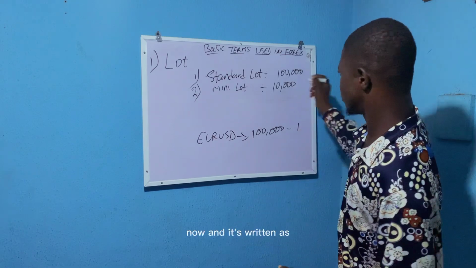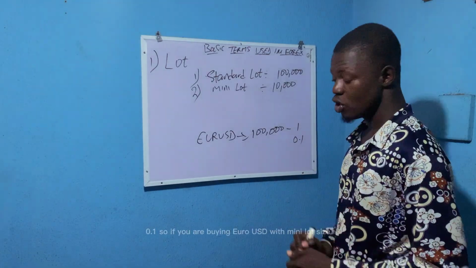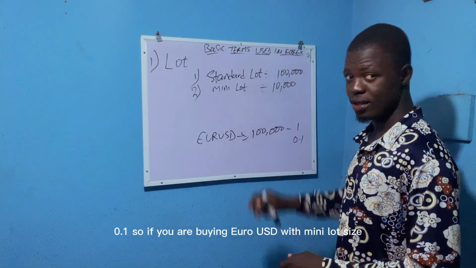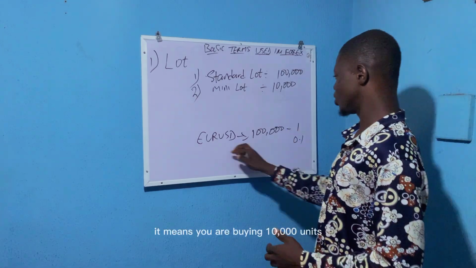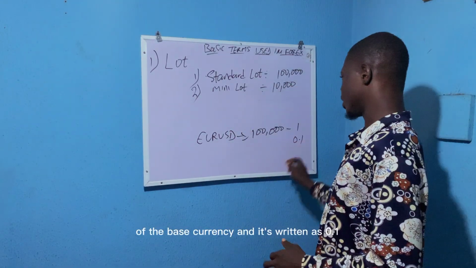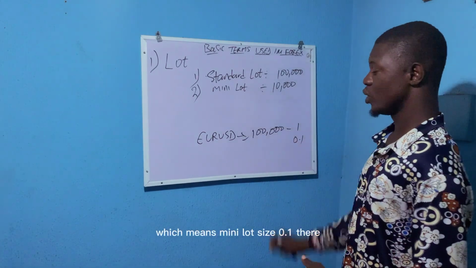It's written as 0.1. So if you are buying Euro USD with mini lot size, it means you are buying 10,000 units of the base currency, and it's written as 0.1, which means mini lot size 0.1.